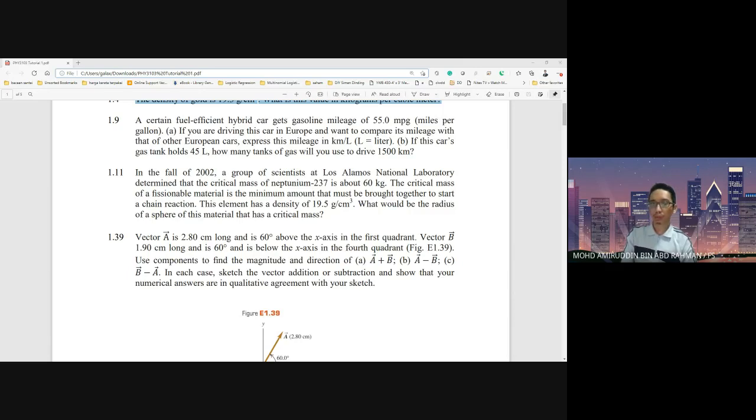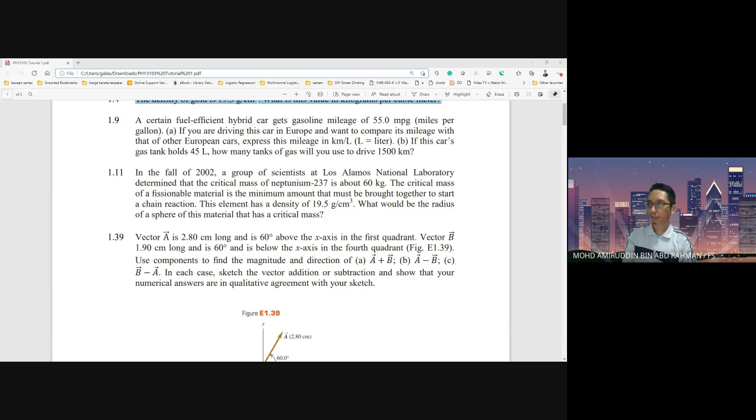The critical mass of a fissionable material is the minimum amount that must be brought together to start a chain reaction.